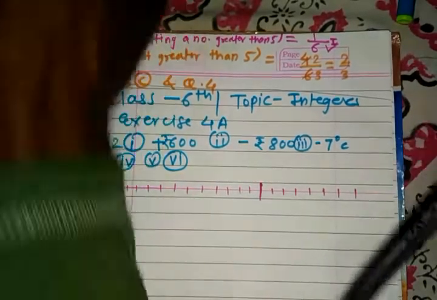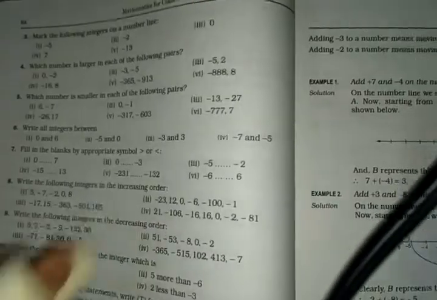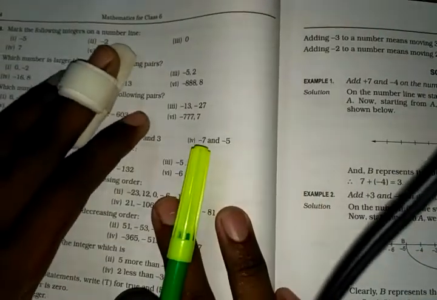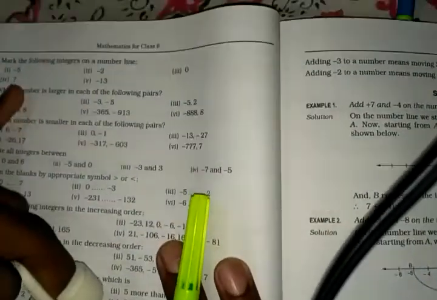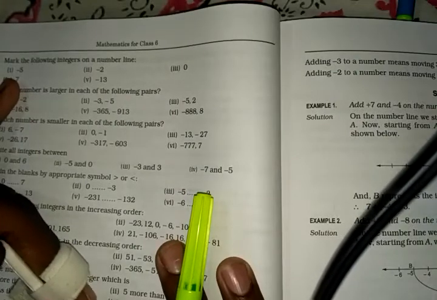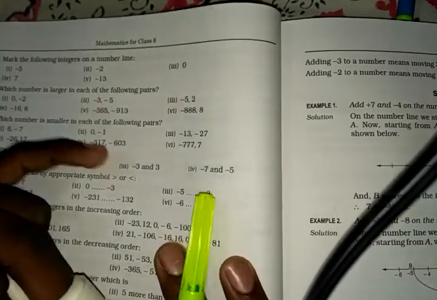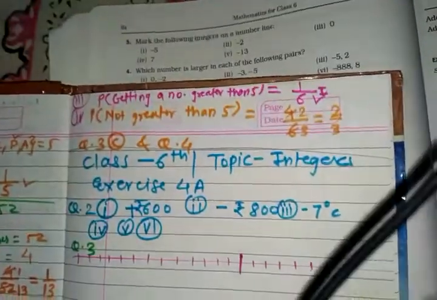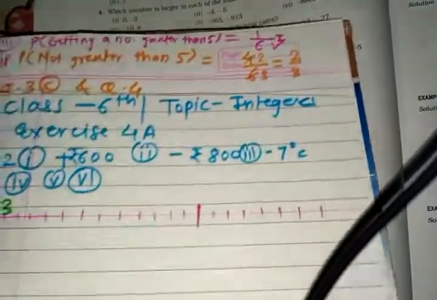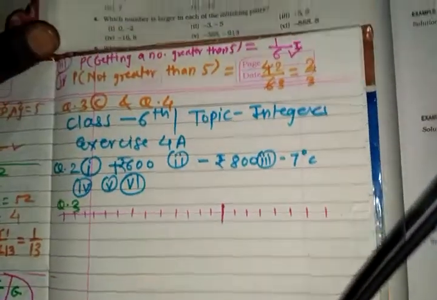Now in question number 3, they are asking us to represent the integers on a number line. So here the integers are negative and positive both. They have given some positive and some negative. Let's try to represent these integers on the number line. I have already drawn the number line. We will try to represent them one by one.